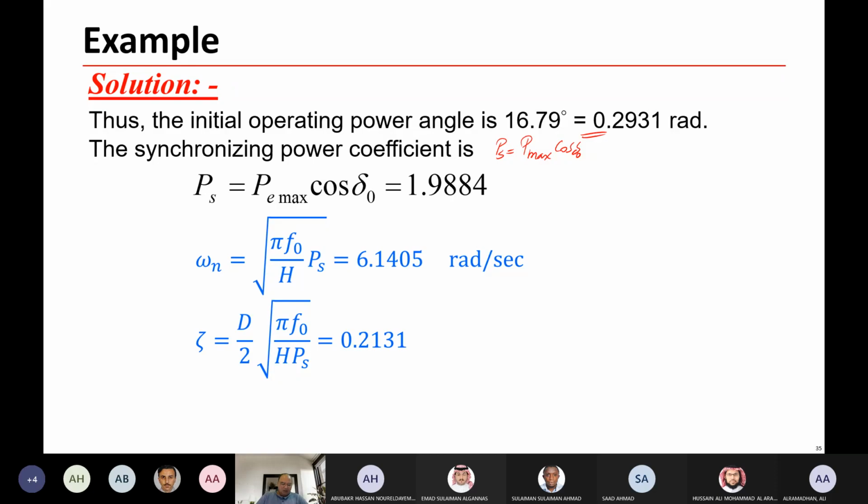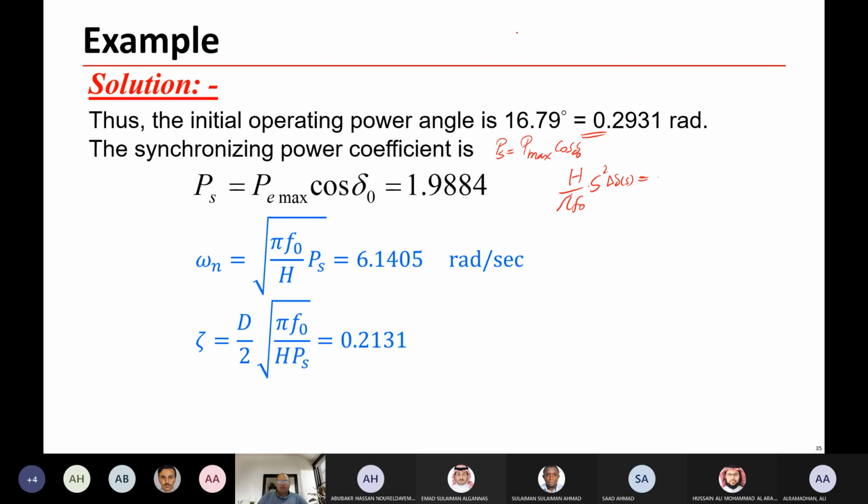And you can derive these equations easily. As we mentioned, we have at the beginning H over pi F0. You have here S square delta, or delta of S, the d square by dt square equal to, there is no change in P mechanical. And we have here this P max.